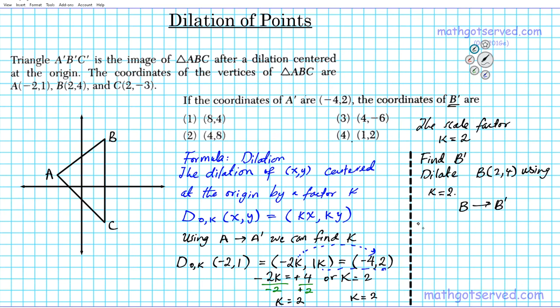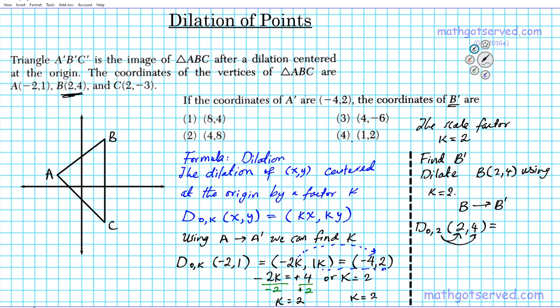Alrighty, so let's do it. If you dilate at the center, the origin, using the scale factor 2, if you dilate the point 2, 4, we're dilating B now because we want to find B prime. How do you do that? You simply multiply the scale factor by the x and the y coordinates.